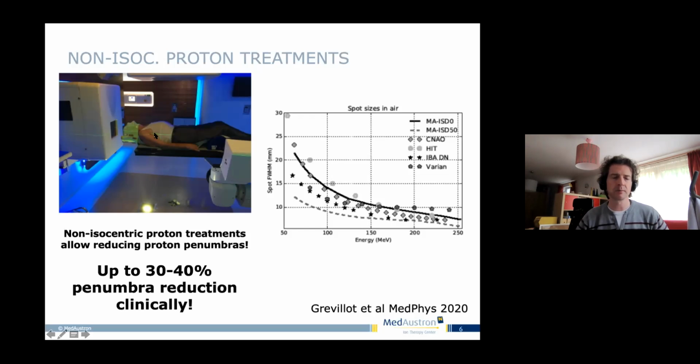window until the particles reach the patient. That's not so much an issue for heavier ions, but for protons it's quite an issue, as they scatter more the more they see air and the more they penetrate through air.